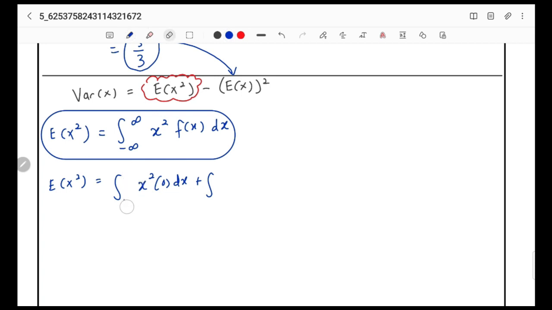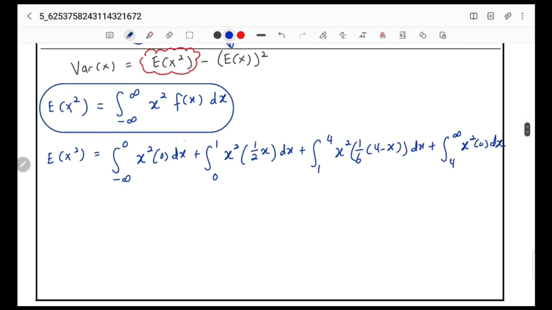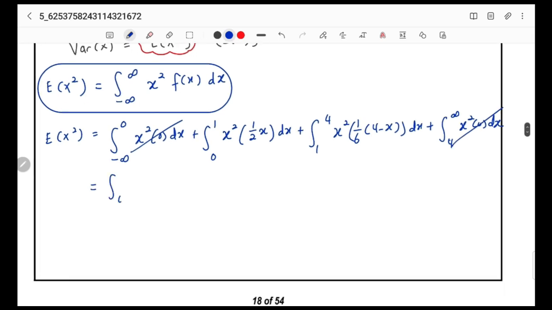Sorry, negative infinity 0, then 0, 1, x squared multiply with the function, x squared multiply with the function, x squared multiply with the function. As usual, integrating 0 function will give us 0, and then simplify in order to integrate.